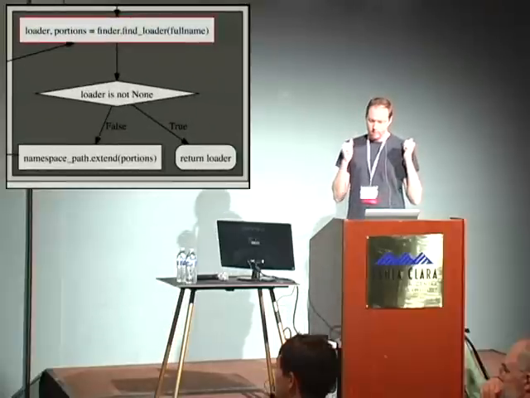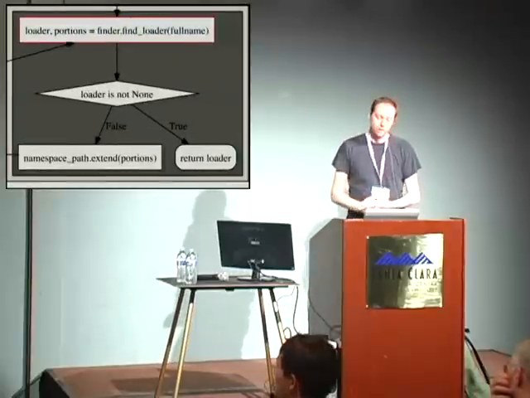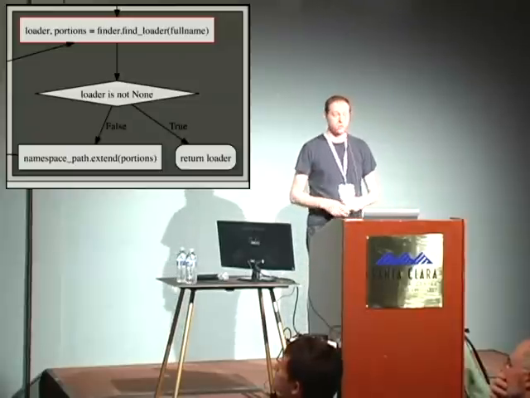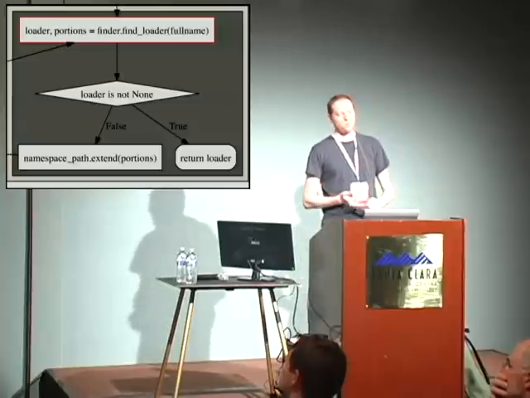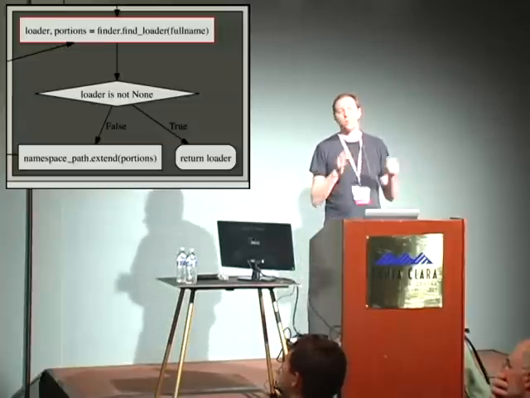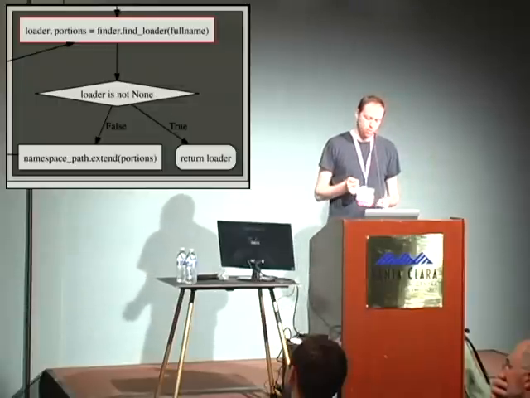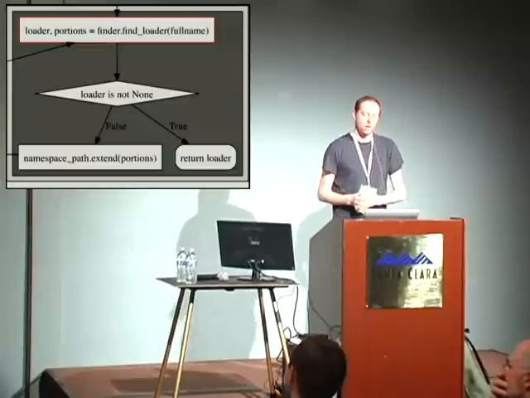So what you do with that finder is you now call, in Python 3.3, a method called find_loader. This returns a tuple of two items. One is the loader, and one is what we're calling portions, which is just a portion of a namespace path entry. So basically, if this finder can't find a loader, it'll return None.